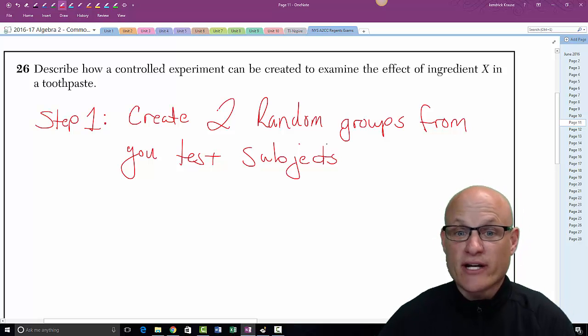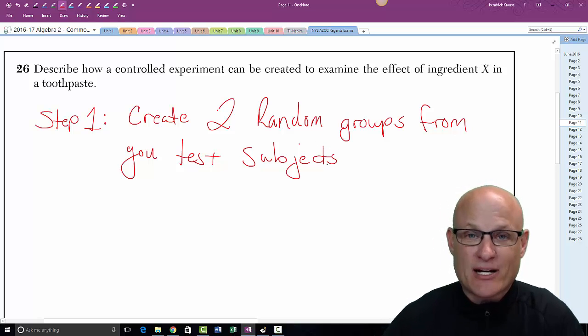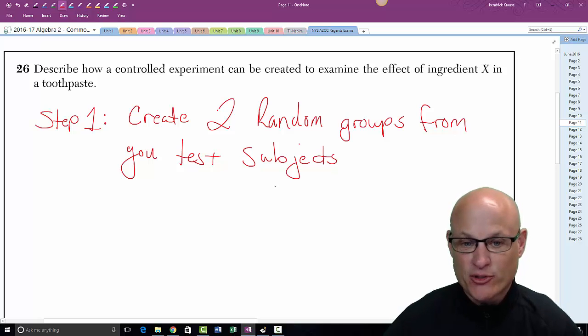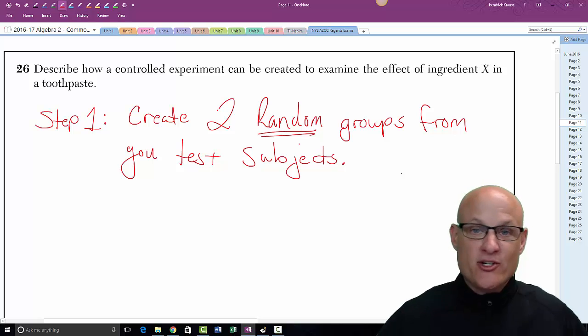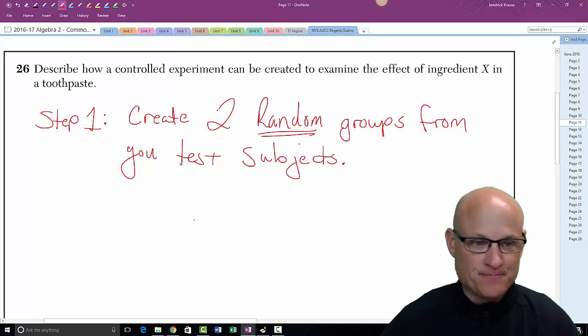However you do this, you need to create 2 random groups. You need to come up with some kind of randomization technique. So the first step is random. If you fail to put the word random, you're only going to get 1 out of 2 points on this problem. Step 2 should be very obvious.